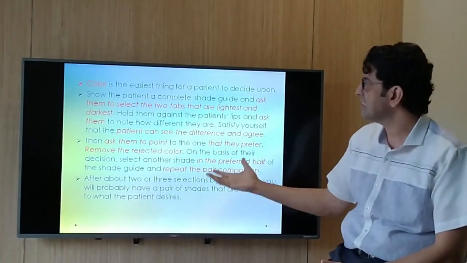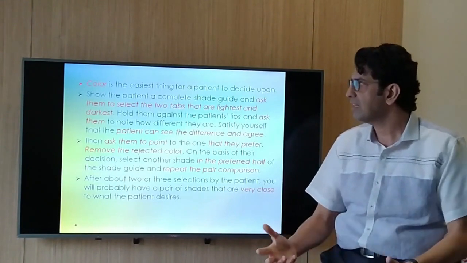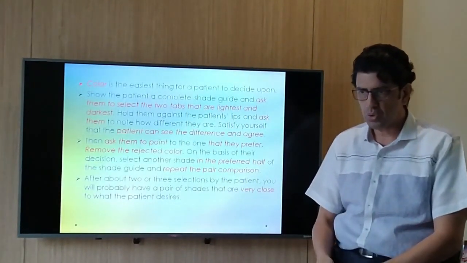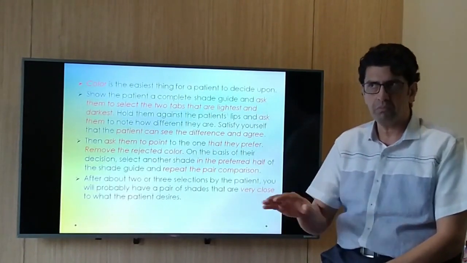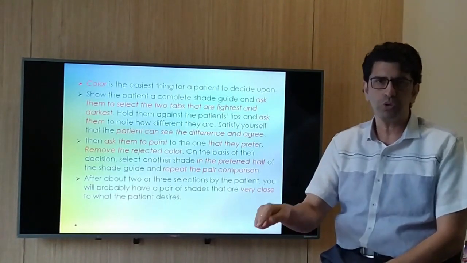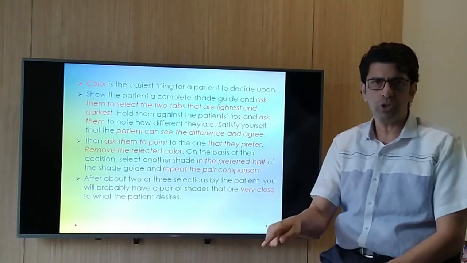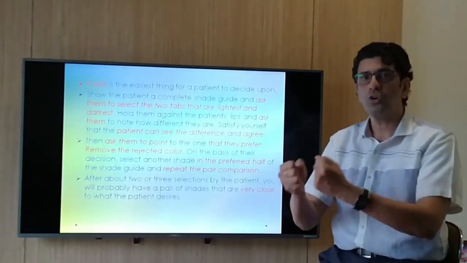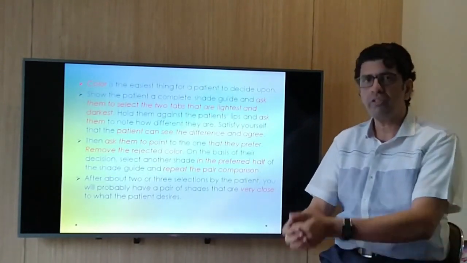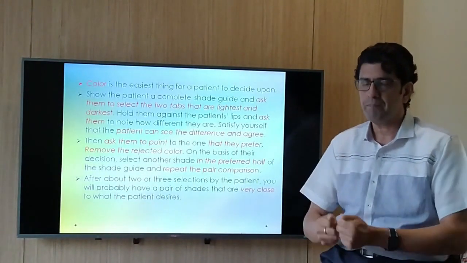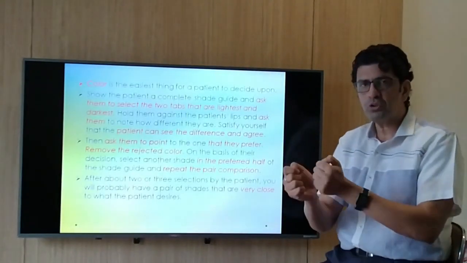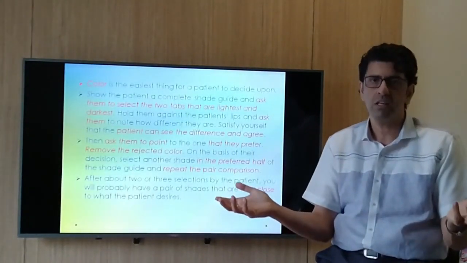Once the patient can see the differences and agree with you, then you can start the process of actually guiding them. When they point to a color that they like, you isolate that segment, remove the rest of it, and out of that segment you pick out one or two teeth and use the method of comparison. One or two repeated comparisons, and you're reaching your decision.